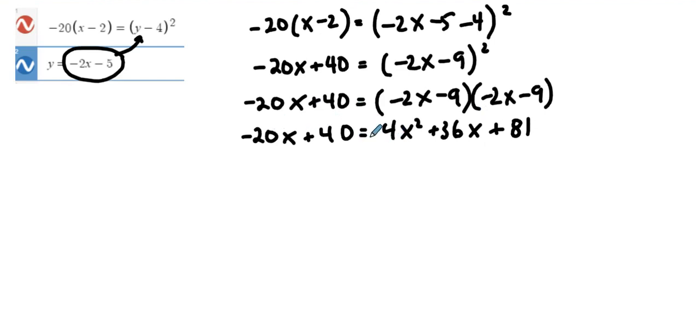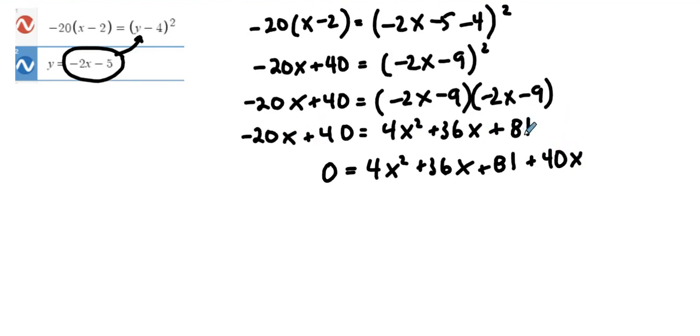So what will come up is a quadratic equation. The only way to solve a quadratic equation is to make it equal to 0. So let's see what happens here. I'll bring over the negative 20, which becomes plus 20, and the 40 as well, so the negative became positive, and plus 40 became minus 40.